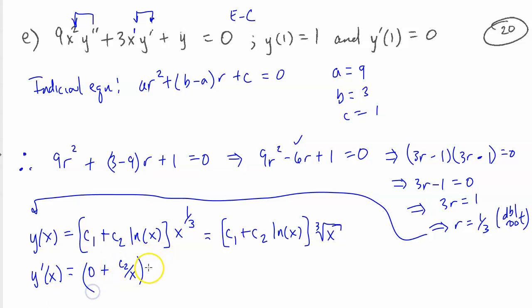And all that times x raised to the 1/3, and then plus, write all this down again. And now we just take the derivative of x raised to the 1/3, which would be 1/3 x raised to the 1/3 minus 1, which would be a minus 2/3.